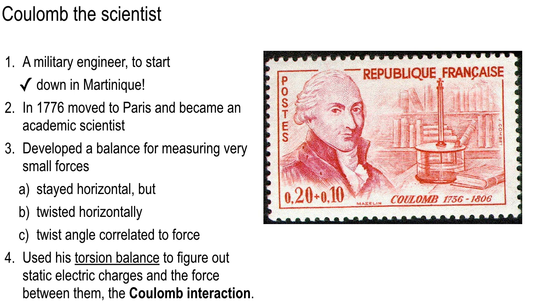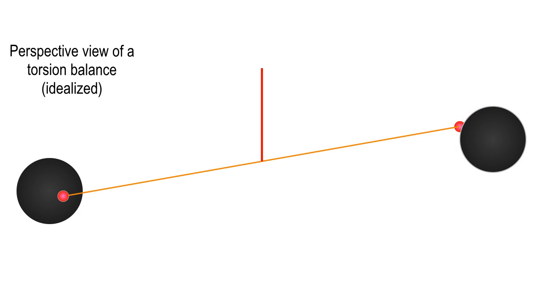Now, here's a perspective view of the torsion balance. There's a fiber running vertically here. This is the fiber that gets twisted. This horizontal orangey line here represents a very light rod, so maybe aluminum or something.